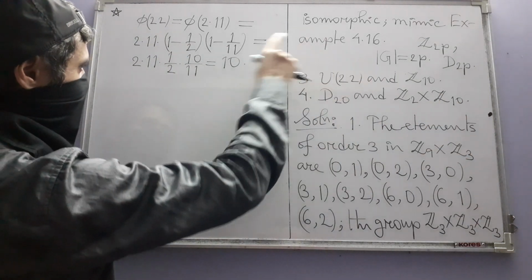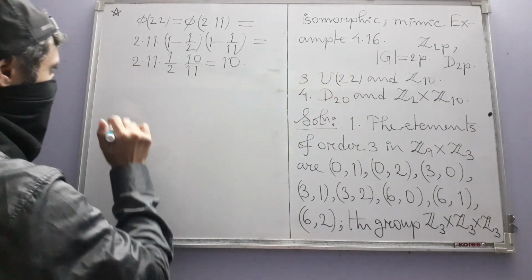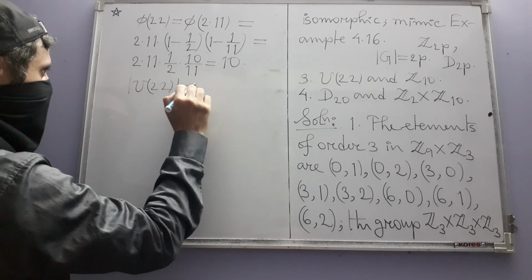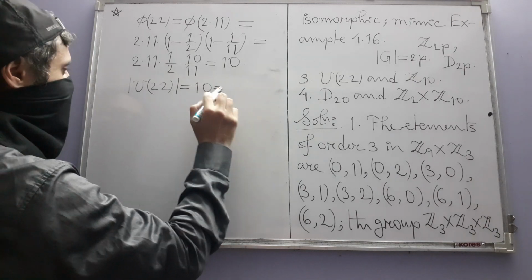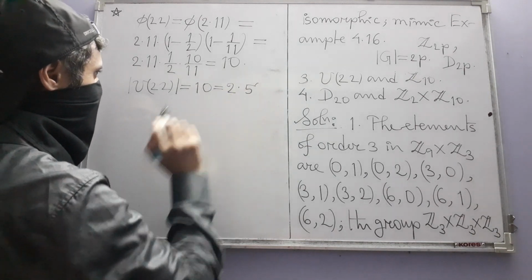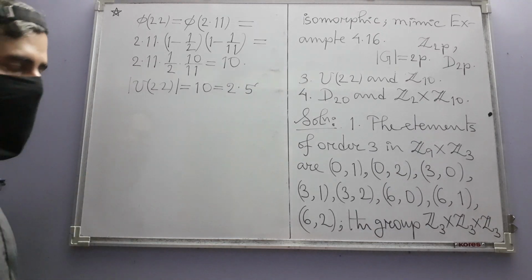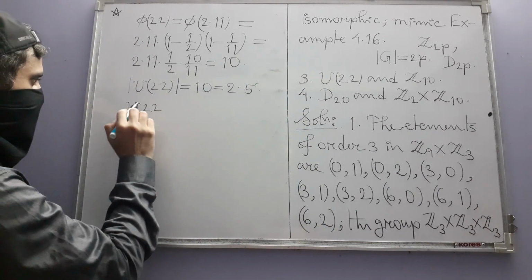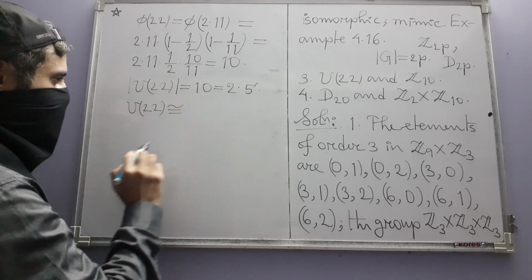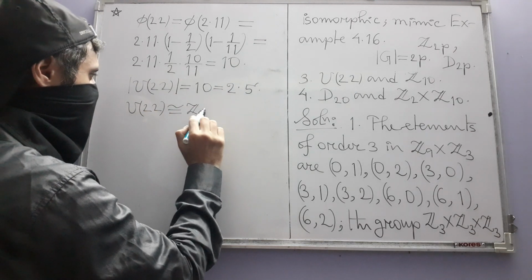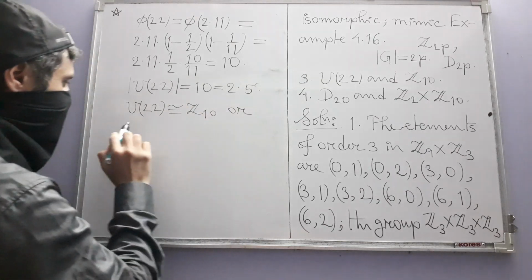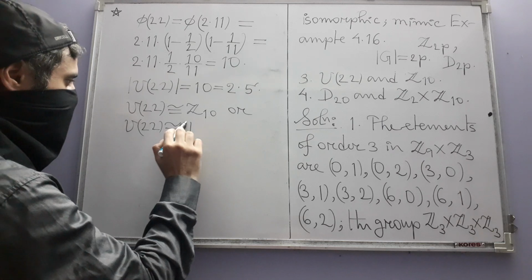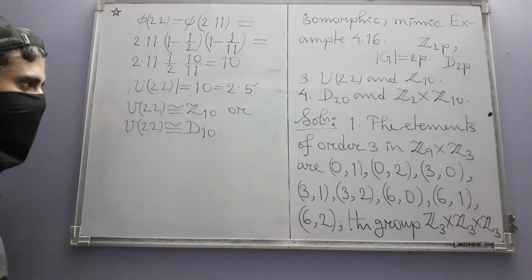So the G that you have here, in place of G you now have U22. So its order is 10, and 10 is of that form, 2 times 5, where 5 is an odd prime, and that is why U22 is either isomorphic to this, or U22 is isomorphic to this dihedral group.